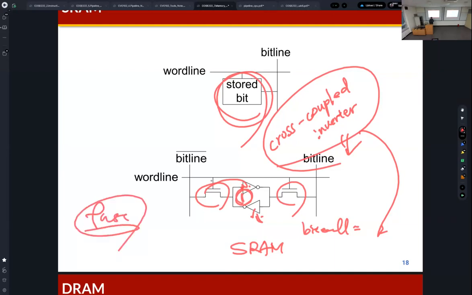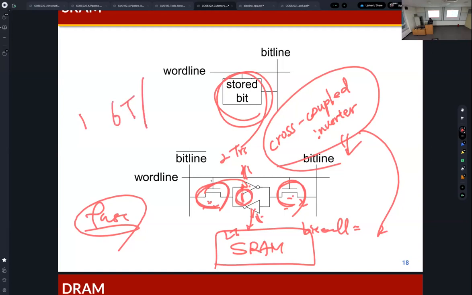Just remember that this is fast because it is an active circuit. Also the size is large, because each inverter requires two transistors, and there will be an additional two transistors for the control gate. So in order to implement one cell of the SRAM, we require 6 transistors. So it is called 6 transistors per cell. That's why the SRAM is expensive.